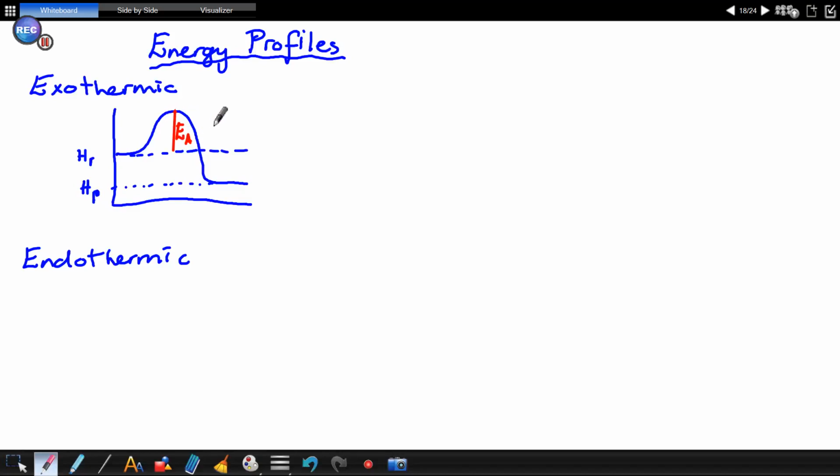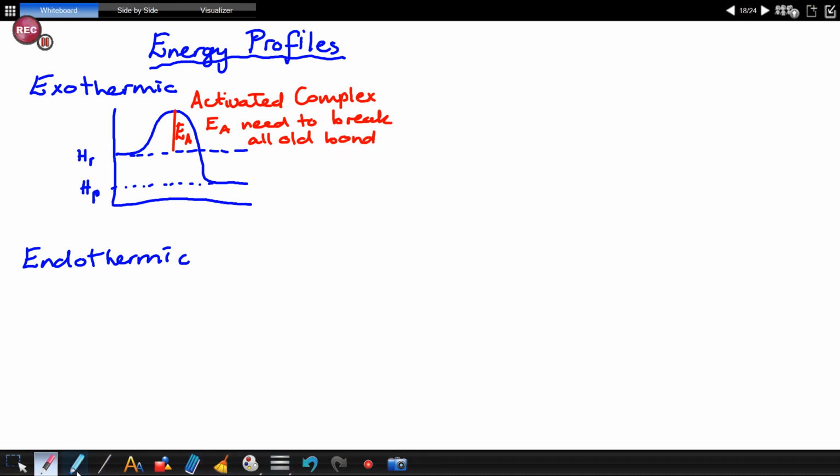Activation energy is the energy required or needed to break all the old bonds so that we have an activated complex. So the EA is the energy needed to break all old bonds.